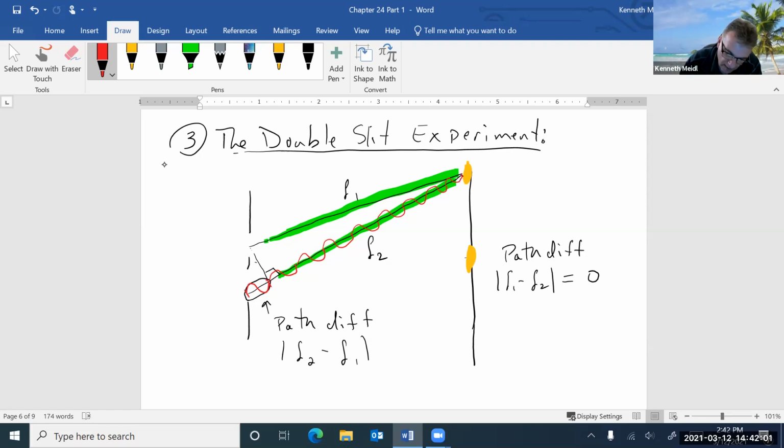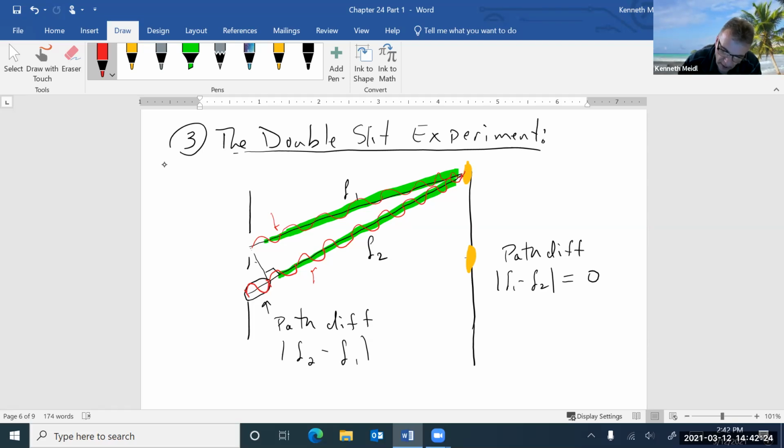And then, since this and that are the same length, this is going to have exactly how many waves I've got here, which is 1, 2, 3, 4. So I think that was like 8 waves. So 1 wave, 2, 3, 4, 5, 6, 7, 8. So they land here in sync.